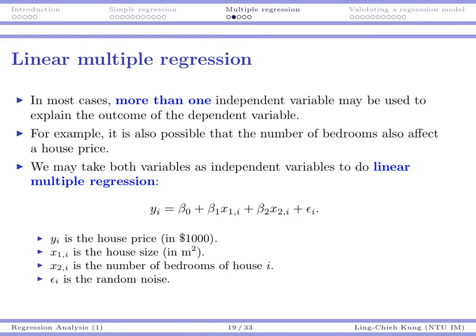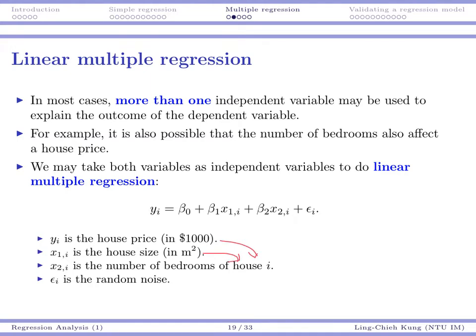Okay, if we want to do that, what we are doing is called linear multiple regression, like this. y_i will be a function of beta 0 plus beta 1 x1i plus beta 2 x2i plus epsilon i. y_i again is the house price. x1i is now the house size of house i. x2i is the number of bedrooms of house i.